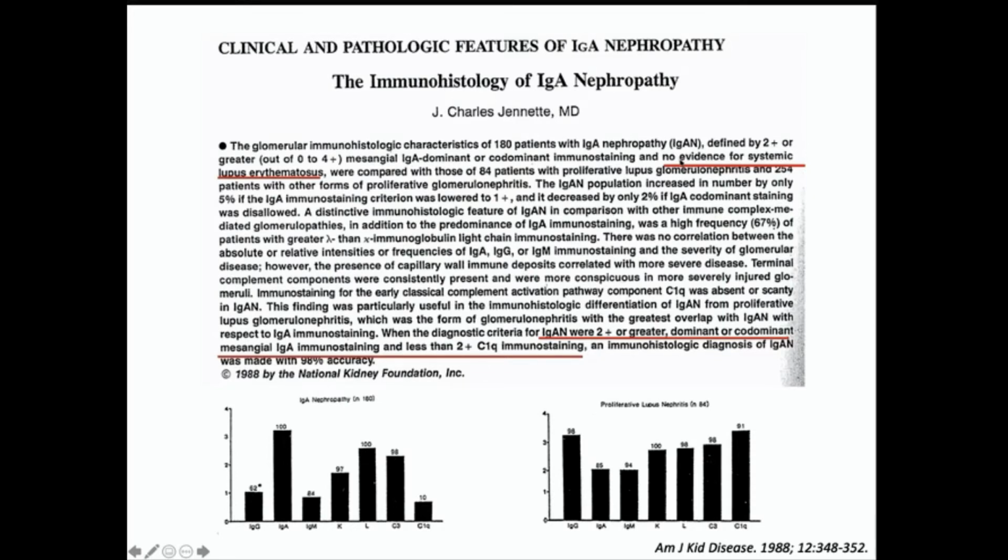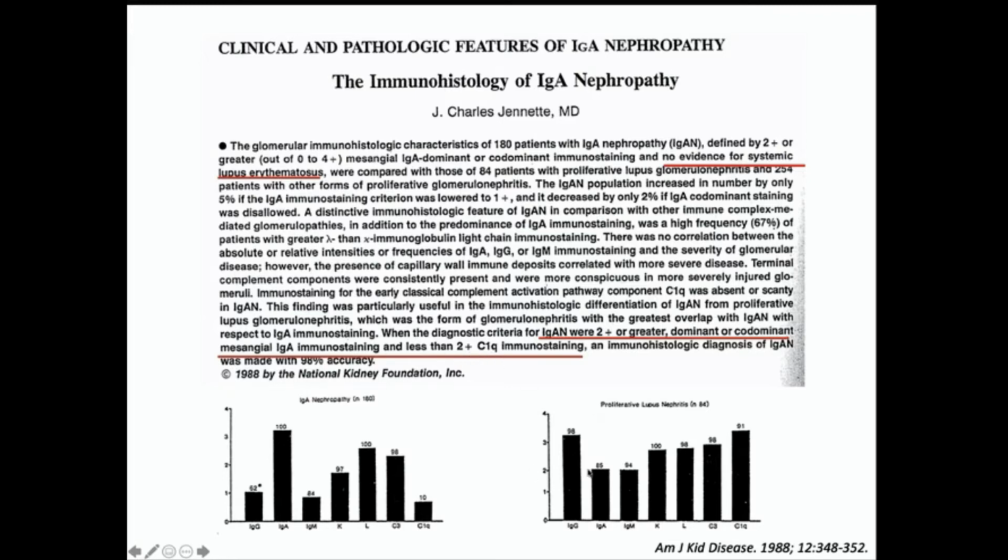That's one requirement. And then the criteria he proposed was IgA staining got to be 2+ if it's IF, or even greater. So minimal intensity got to be 2+. And then IgA can be dominant or co-dominant. But the other feature requirement is C1q got to be less than 2+.